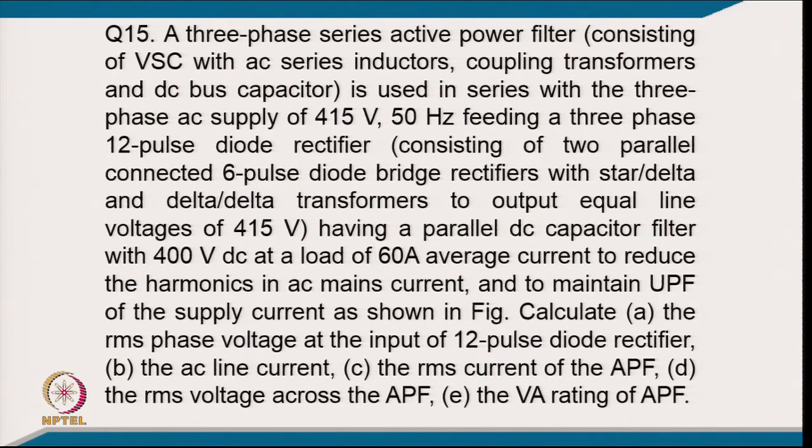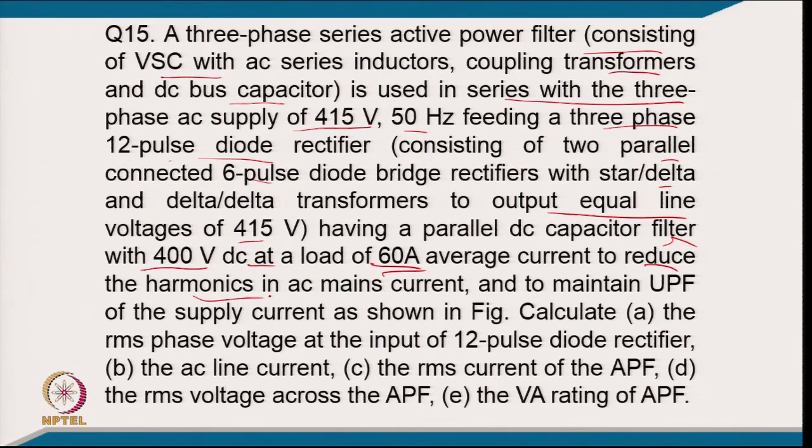Coming to numerical problem 15: a 3-phase series active power filter, consisting of a voltage source converter with AC series inductor, coupling transformer and DC bus capacitor, is used in series with the 3-phase AC supply of 415 volt, 50 hertz, feeding a 3-phase 12 pulse diode rectifier. It consists of 2 parallel connected 6 pulse diode bridge rectifiers with star-delta and delta-delta transformers, with output equal to the line voltage of 415 volt, having parallel DC capacitor filters, at 400 volt DC and a load of 60 ampere average current.